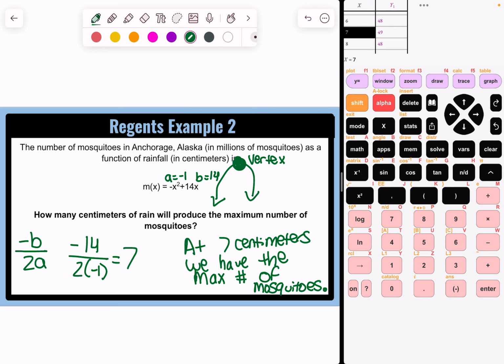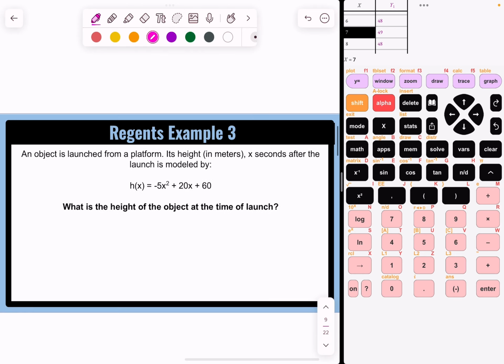All right, let's look at this next question. An object is launched from a platform. Its height, in meters, x seconds after the launch is modeled by this equation. What is the height of the object at the time of launch? Remember, time of launch is anytime the seconds equals 0.